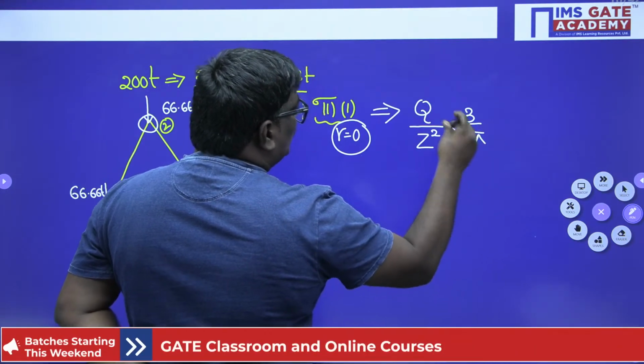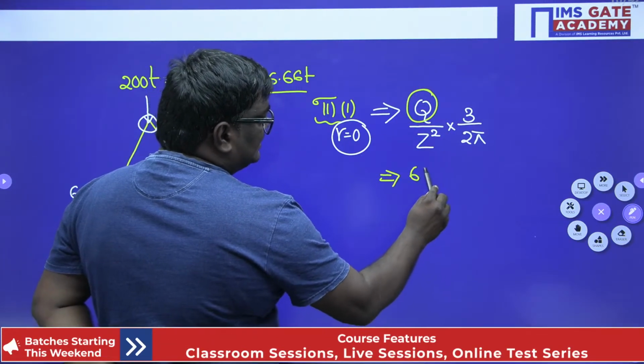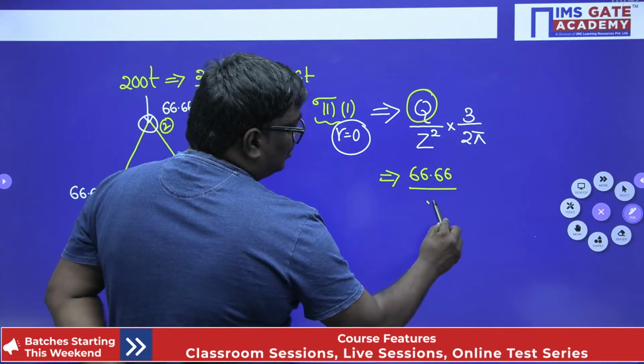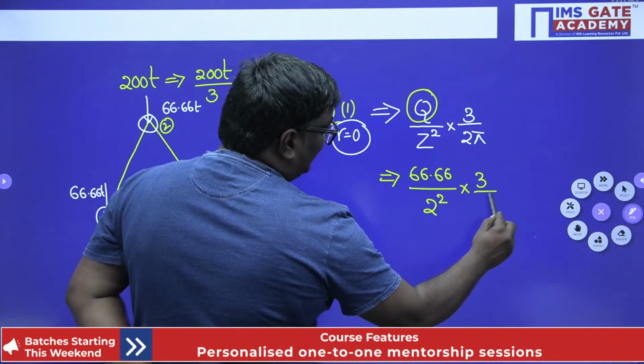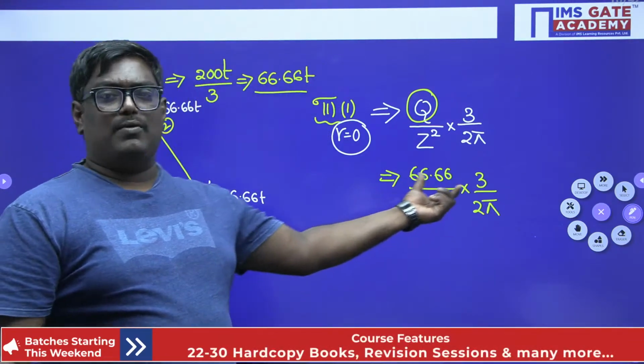So, what is Q here? Q is nothing but 66.66 upon depth, which is how much, sir? 2 meter. So, 2 square into 3 by 2 pi. Can anyone tell me what is this value?